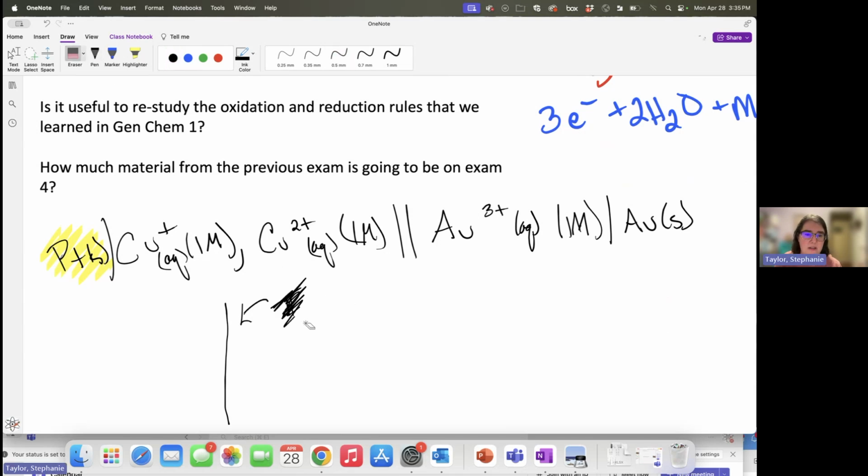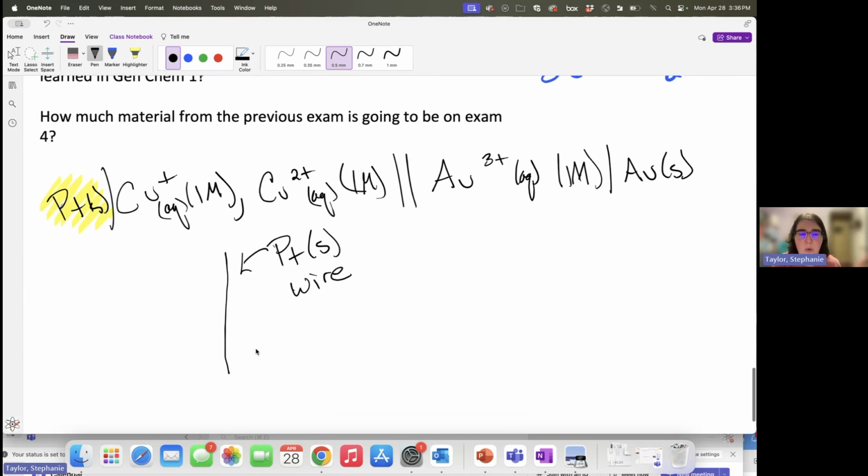Nope, that did not erase. It erases when I do that in the classroom. So basically this is a platinum solid, like a little platinum wire that hangs down. And basically what happens is you have copper 1 ions that pick up or drop off, I should say, electrons, that interact with this wire and give their electrons as they touch the wire.